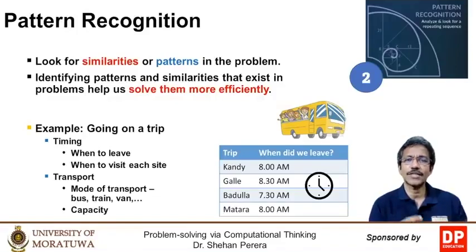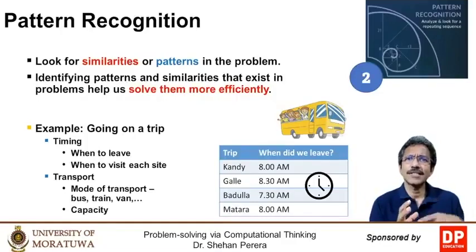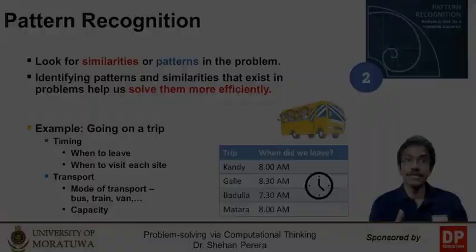We can look at those time periods and maybe decide and say, okay, 8 a.m. is a good time to leave for this trip by looking at the pattern of what we have done earlier. We may not realize those are patterns that we have observed in the past and the solution patterns that we have used to solve those problems. Right? So these patterns help us to answer similar questions that we may need to answer now or today.